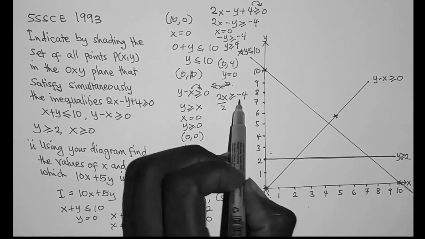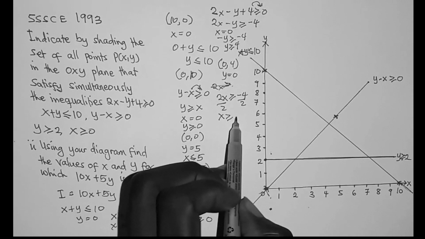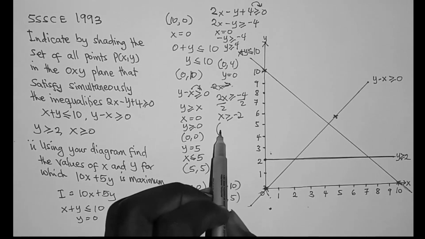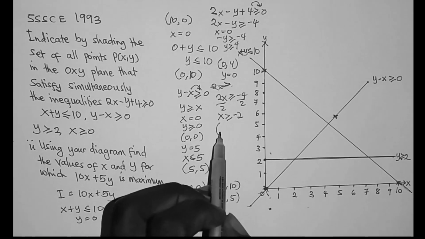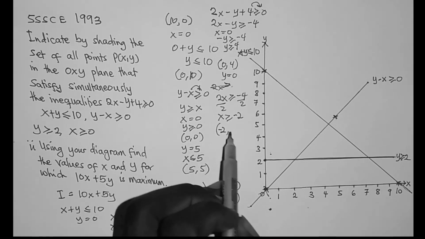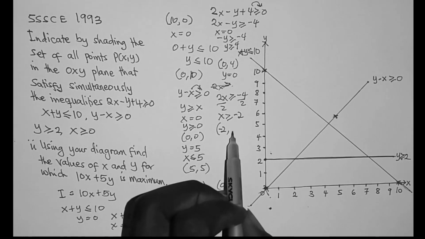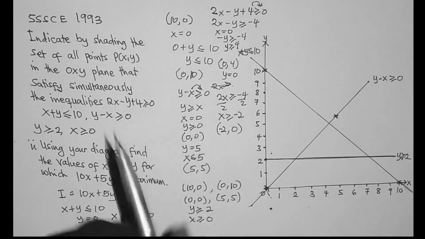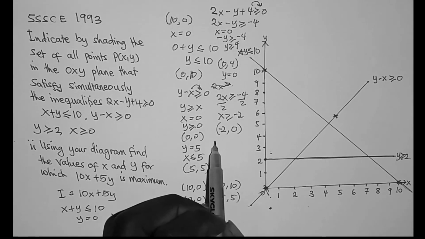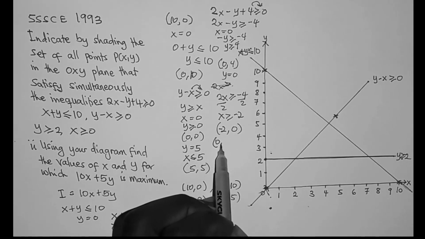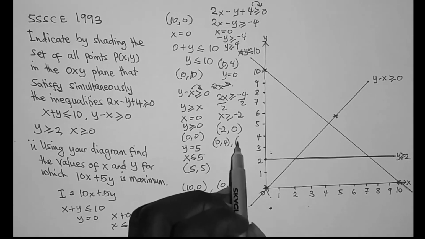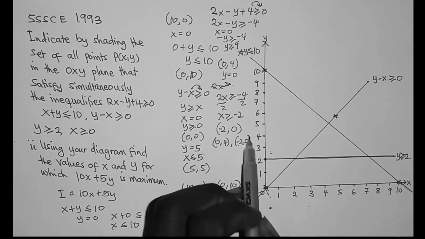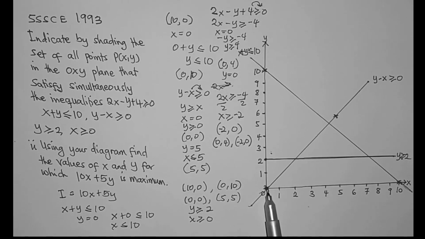Let's divide through by 2, so x is greater than or equal to minus 2. Therefore, we also have the point minus 2, 0. So the set of coordinates for this inequality is 0, 4 and minus 2, 0. Since we have minus 2, I'm going to extend the graph a little to the negative region.